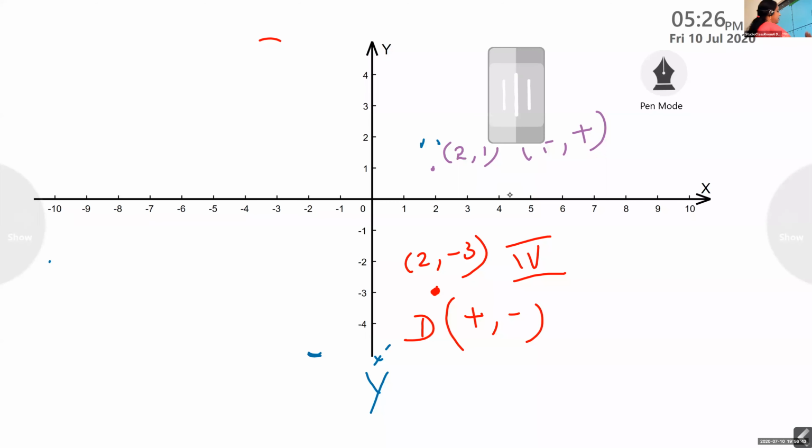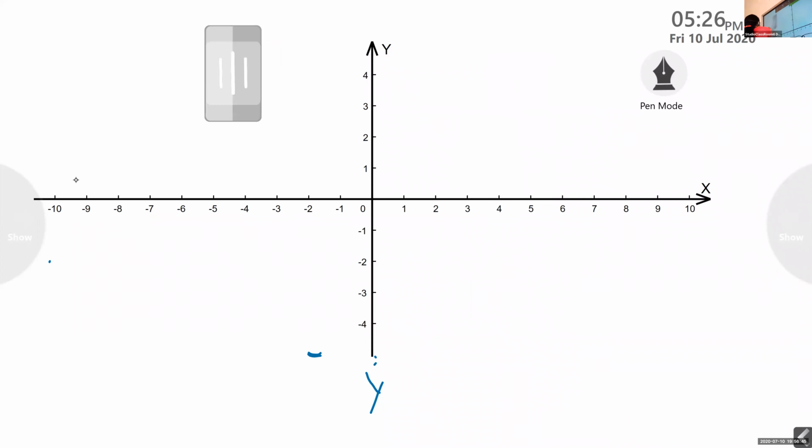If I am telling about the first quadrant, you just look at the x point. What is the sign of it? This first quadrant is in between two axes.